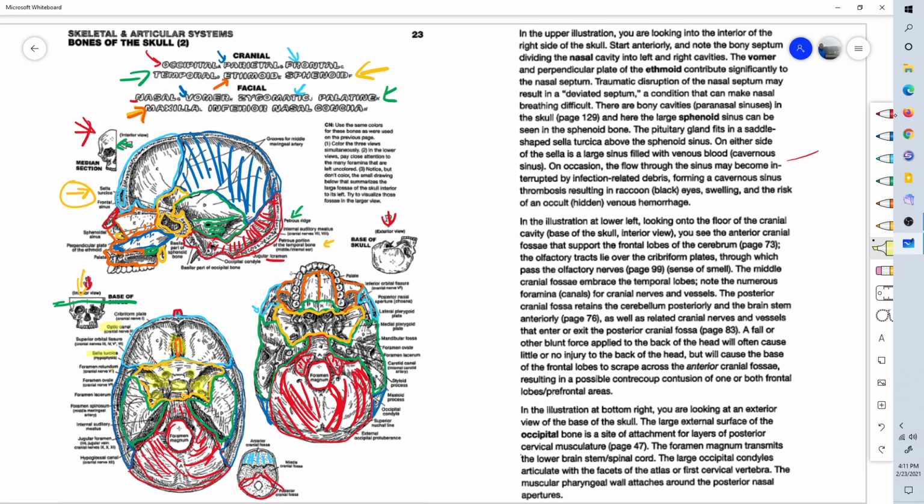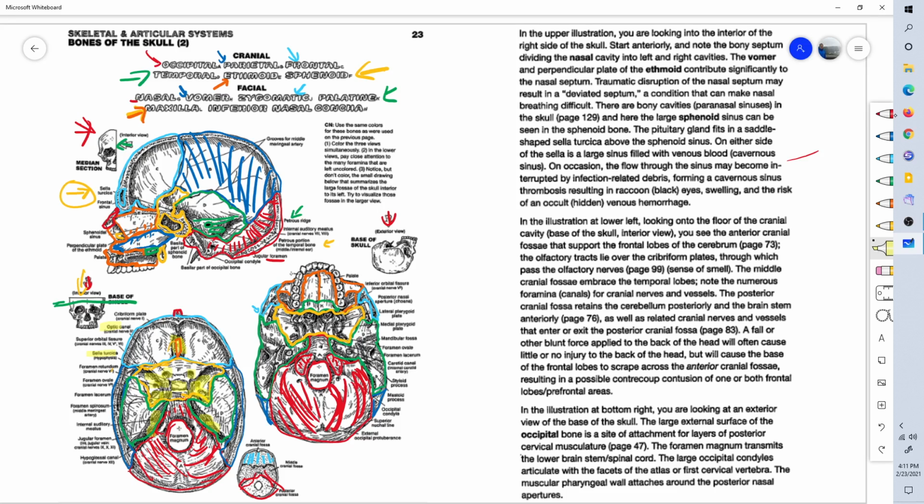Foramen lacerum here. Foramen spinosum for the middle meningeal artery. Internal auditory meatus for hearing. The jugular foramen.